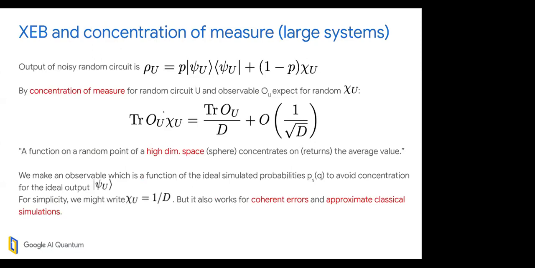And by concentration of measure, if the noise builds some sort of random quantum state, so we're kind of sampling from the Hilbert space quasi-randomly what the result of noise is, then from concentration of measure, what we expect is the average value of the Hilbert space plus fluctuations that go like 1 over the square root of the dimension.